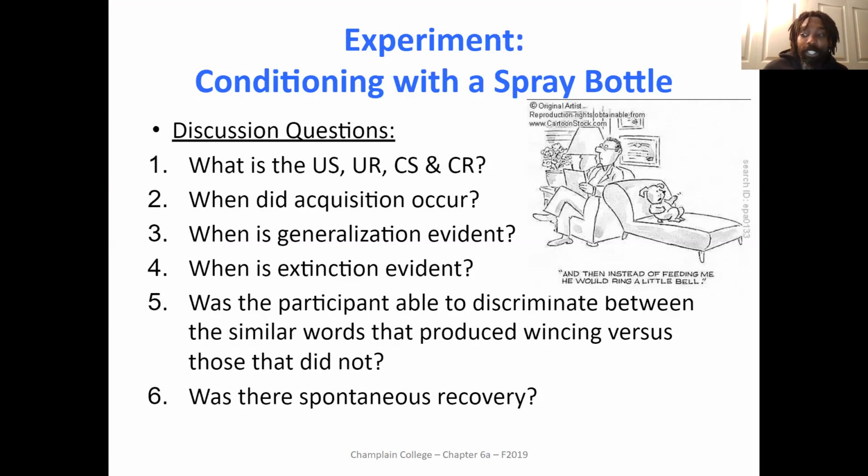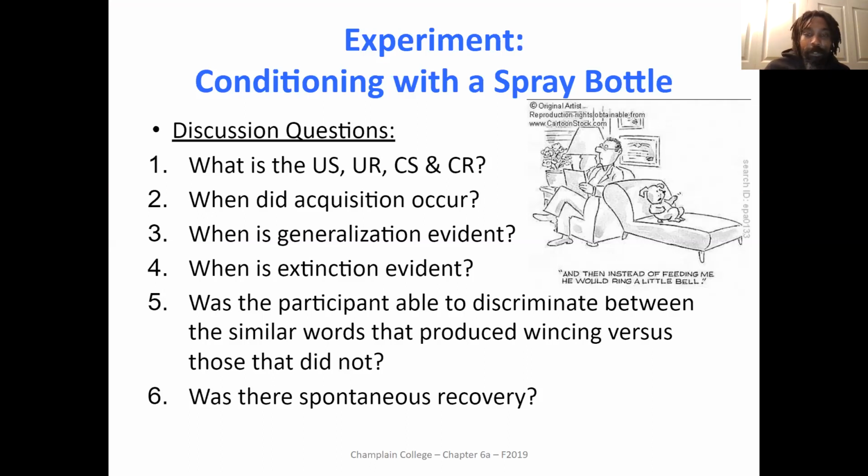The spray bottle is the neutral stimulus. The unconditioned stimulus would be the squirrel, and the unconditioned response would be the dog, you know what, let's say barking. So every time the dog saw a squirrel, it barked. That would be the unconditioned response. You would take the neutral stimulus with the spray bottle, and a half second before a dog saw a squirrel, you would spray the dog.